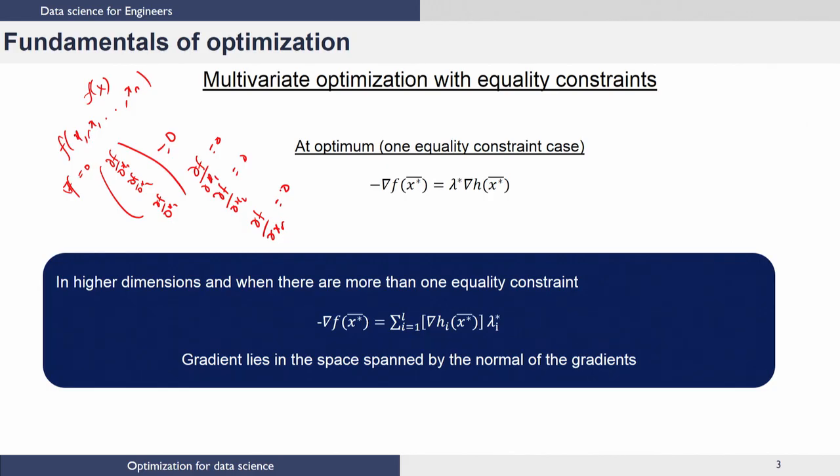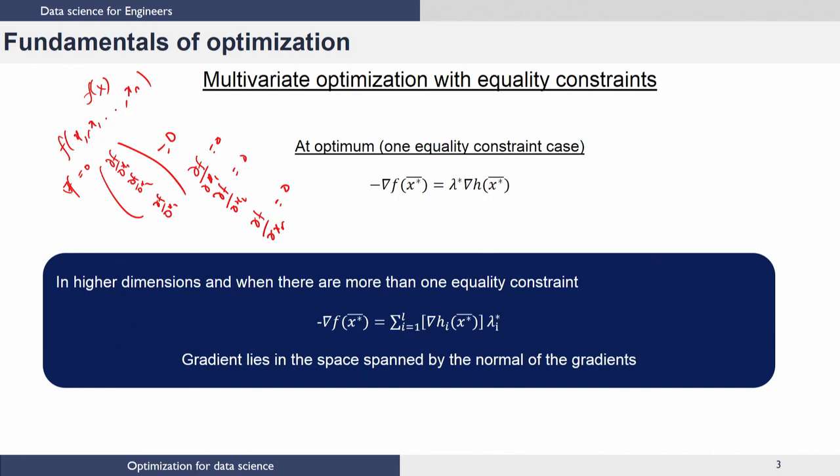Notice that if there are n variables, there will be n equations of this form. So, I have n equations in n variables, I can solve for it and find a solution. Once I find a solution, to find out whether it is a maximum, minimum or a saddle point, I calculate the second derivative and construct the Hessian matrix, and depending on whether the Hessian matrix is positive definite, negative definite or semi definite, we can make judgments about whether the point is a minimum point, maximum point and so on.